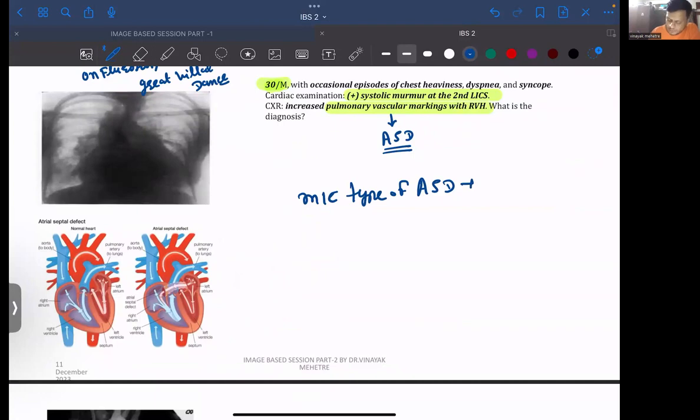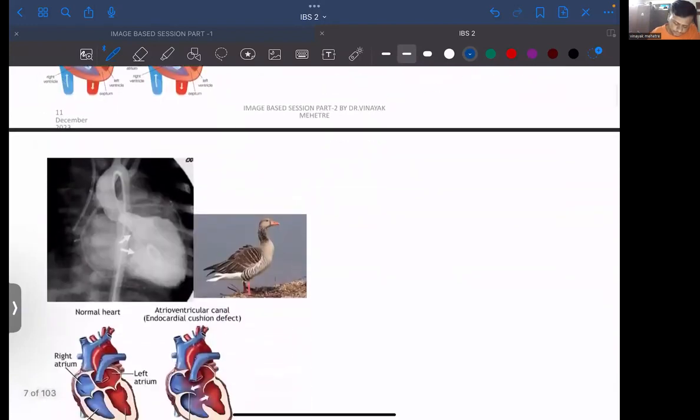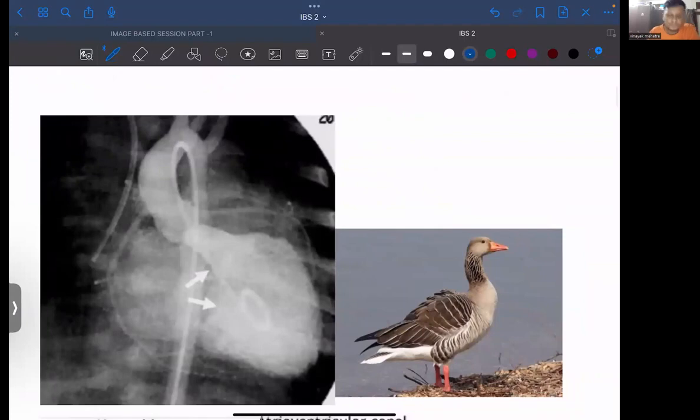Is it ostium primum or ostium secundum? What do you think? Remember, every time, yes, it is secundum. Primary comes first, so you will think it is primum. No, it is always secundum. What is the answer?